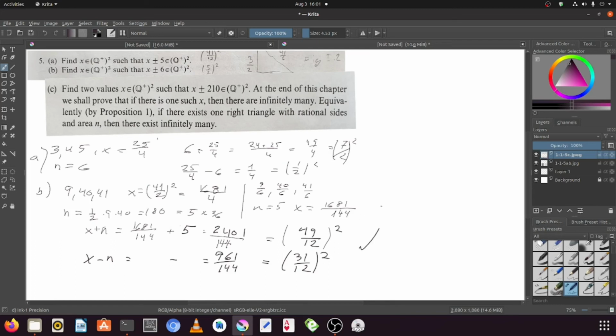So finally, now to see. We did find two triangles whose area was 210 in problem 2. So I just have to find them.